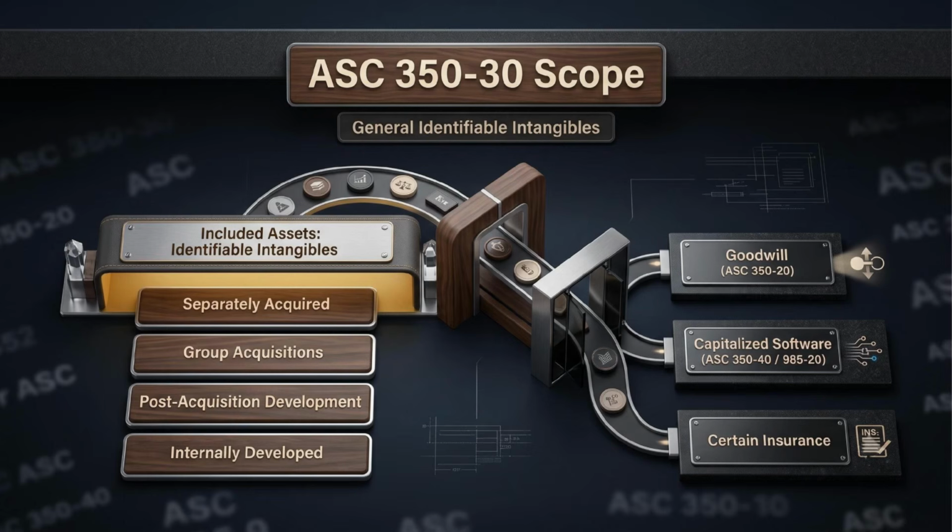Goodwill is handled separately under ASC 350 subtopic 20. Capitalized software generally follows ASC 350 subtopic 40 or ASC 985 if it is software to be sold. Some insurance contract intangibles are also scoped out. So the first control checkpoint is scope. Are we even in the right subtopic?